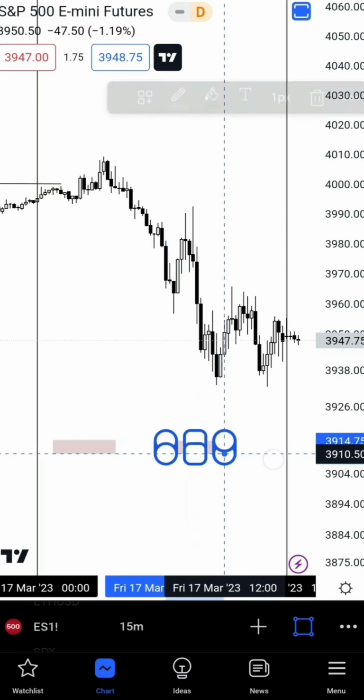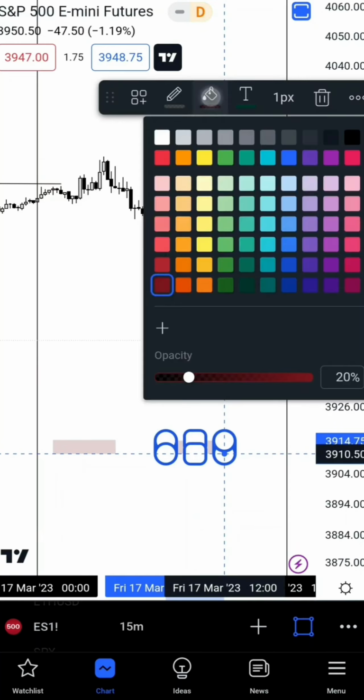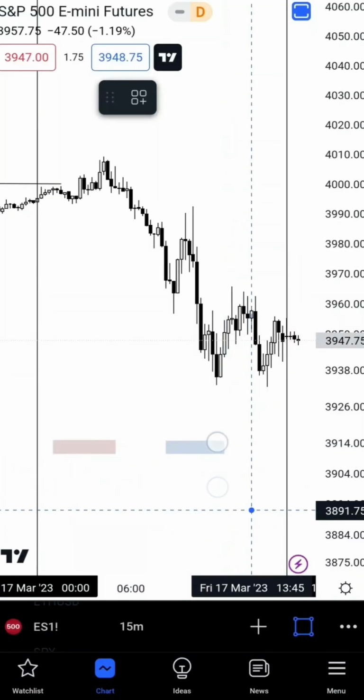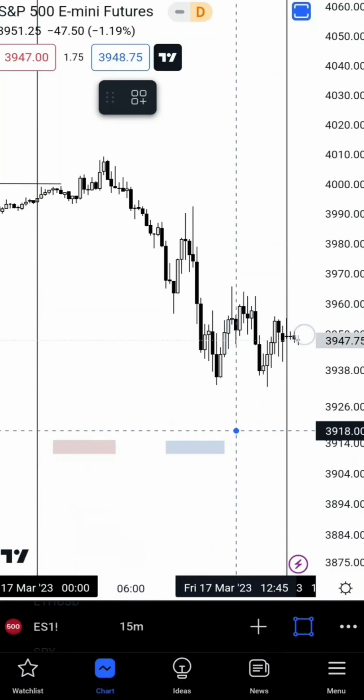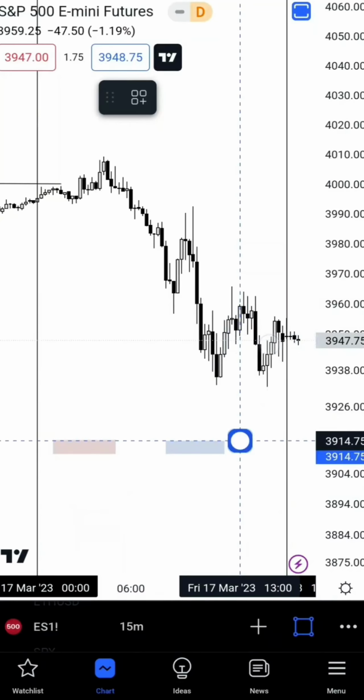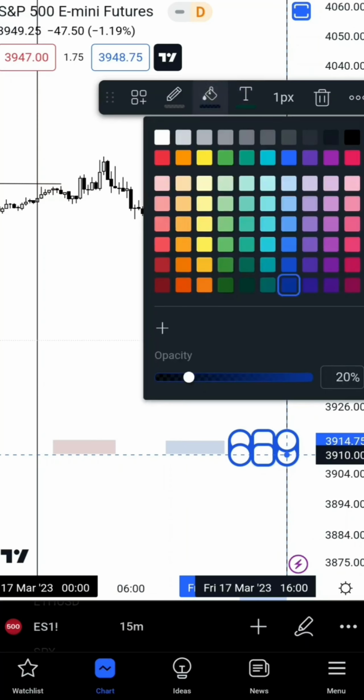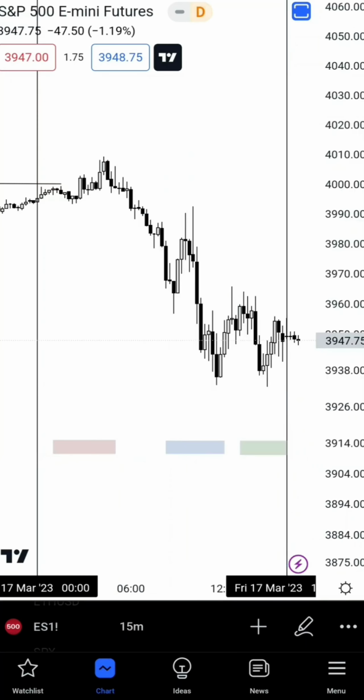That's the New York kill zone. And we go from 1 to 4. That is the PM session in the classic colors I use on my Twitter all the time.